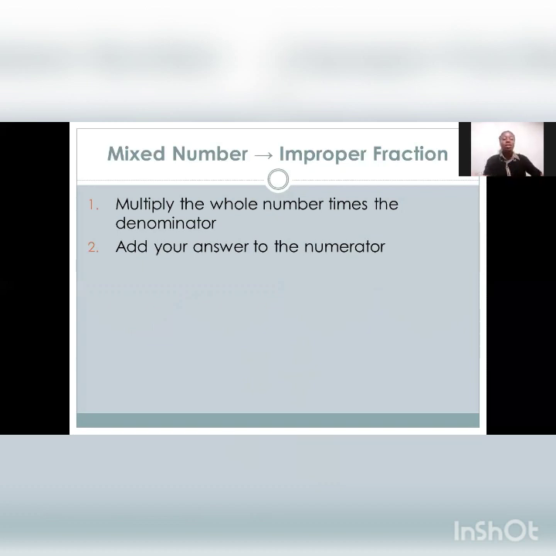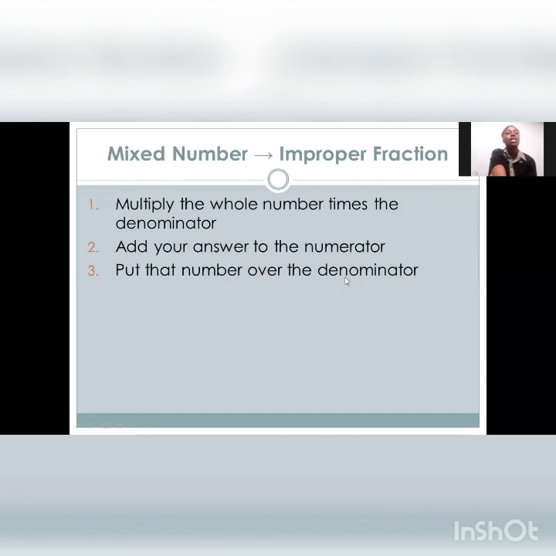And lastly, we're going to put the number over the denominator. So this is how we make a mixed number mad, by multiplying, adding, and remembering the denominator.